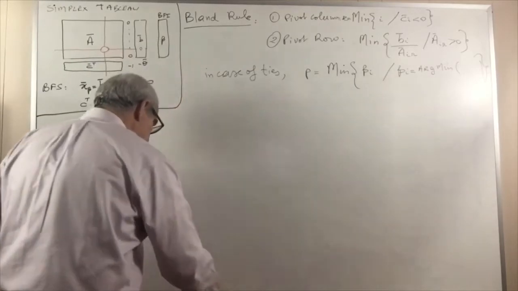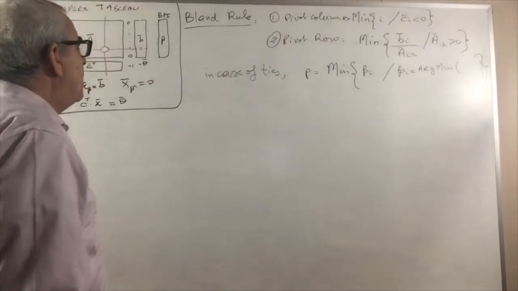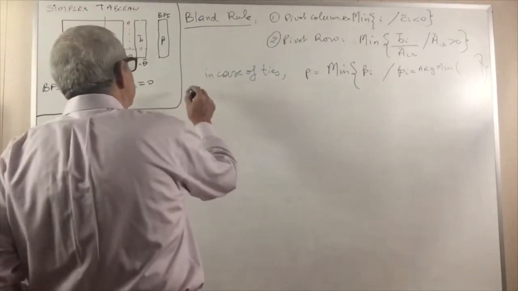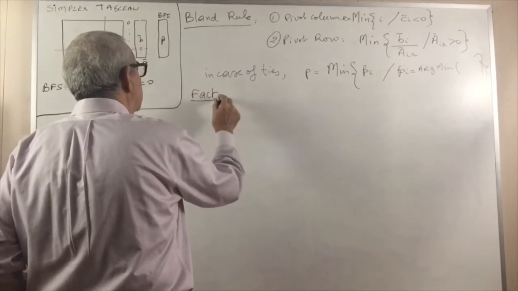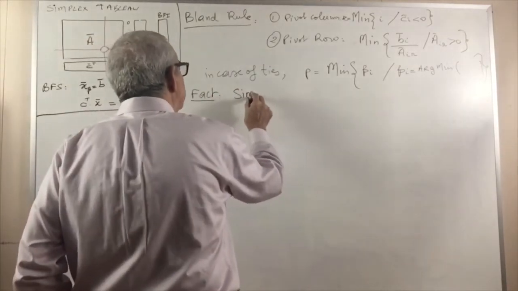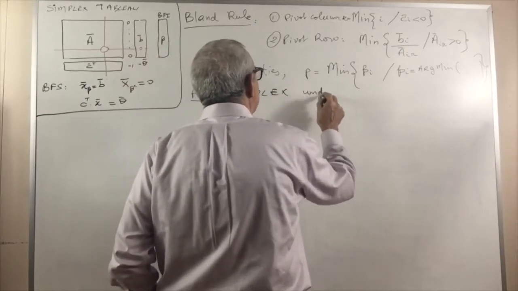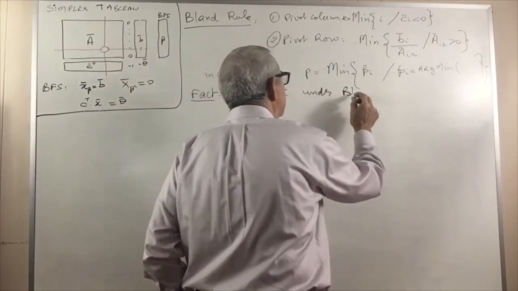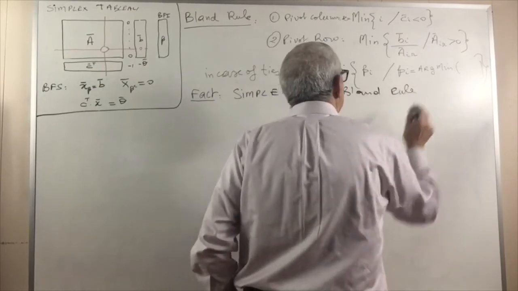So let's go through the proof for Bland's rule. Now fact. Let me write down fact. The simplex under Bland's rule does not cycle.